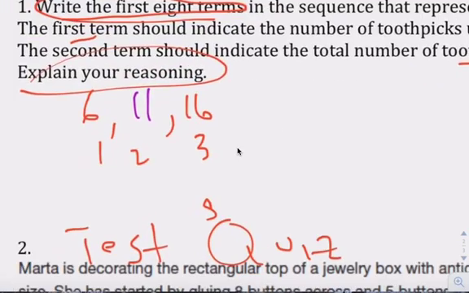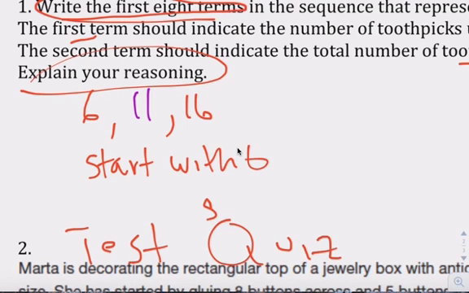You start with 6 and add 5 thereafter. Start with 6 and then we add 5 after that.